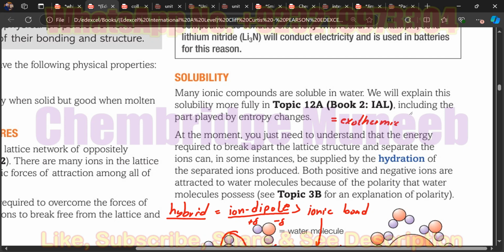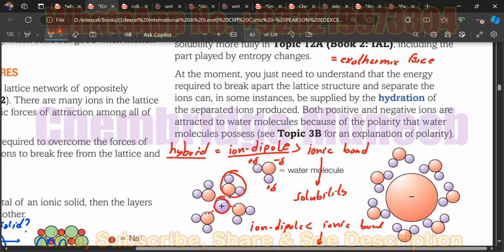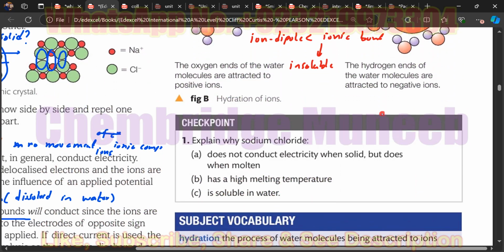That kind of attractive force provides this energy. And this word over here, hydration, means the force is coming from the water molecules. I have told you the water molecules are polar, so they are making bonds with the oppositely charged ions. Is that clear now?